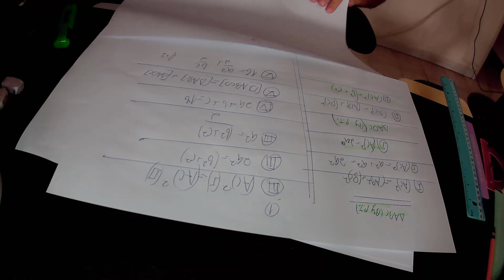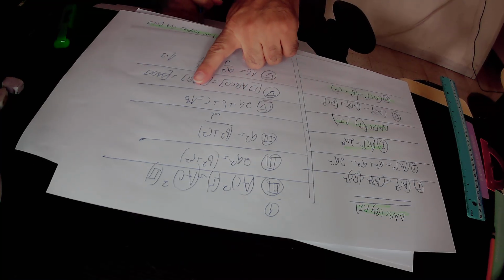While according to equation 4, we actually found out that 2A plus B plus C equals 18.